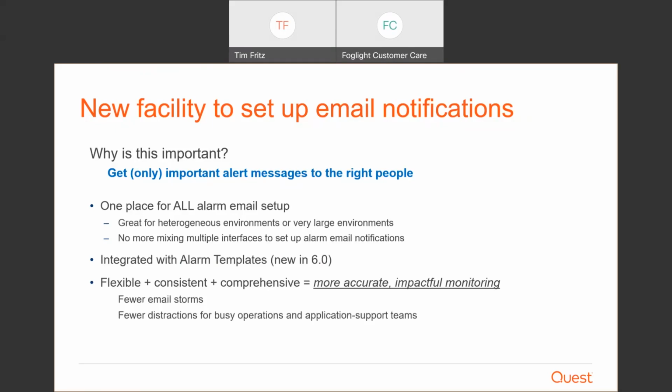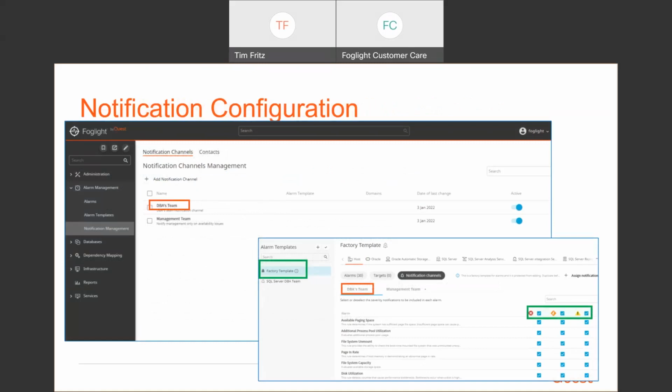There are benefits. We'll cover those at the end too. Hopefully you get more accurate configurations, everything's in one place, and a lot less jumping around trying to find things. This is simply a screenshot showing you the integration.